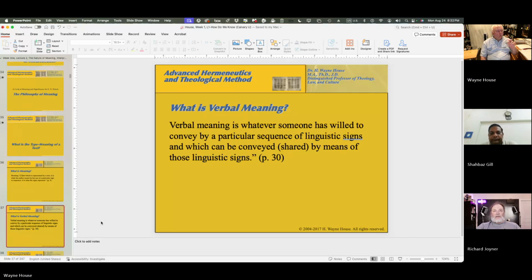Intent. To convey by a particular sequence. That's important too. You can't just put words together. They have to be a sequence with an intent, in context, of linguistic signs, which are what we call words, and which can be conveyed or shared by means of those linguistic signs.